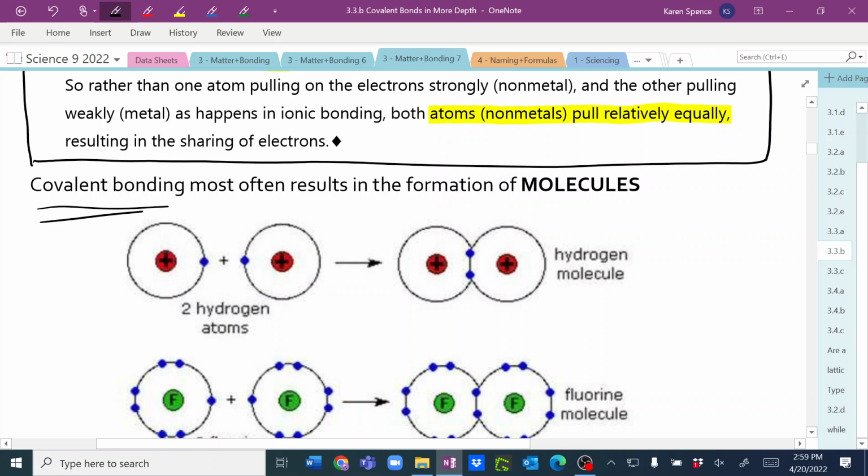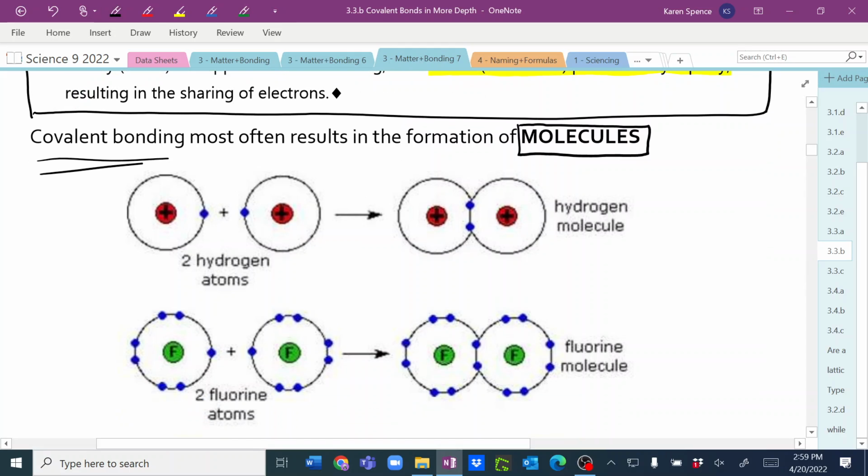Covalent bonding most often results in the formation of molecules. Yes? So if we look, here's a hydrogen. 2 hydrogen atoms form 1 hydrogen molecule.